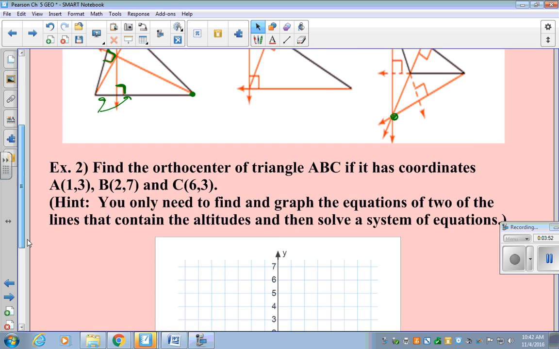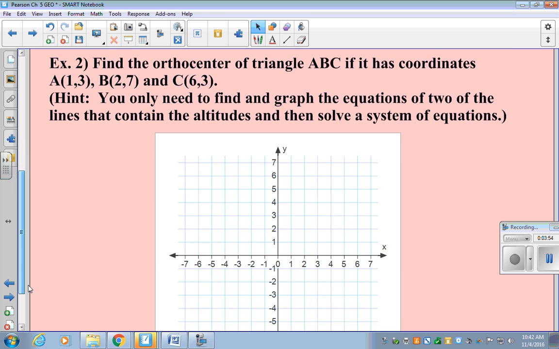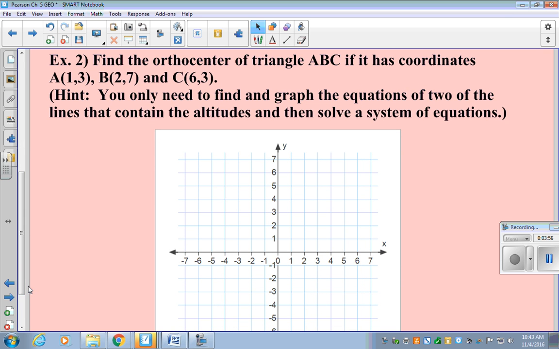So the beauty of the orthocenter is if we do it on a grid, we know stuff about perpendicular lines on a grid, and we know stuff about distances on a grid. So we're going to plot A, B, and C on this grid.